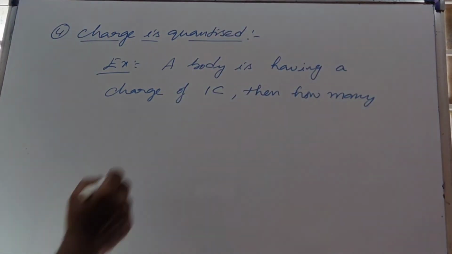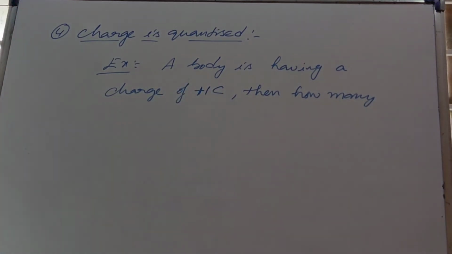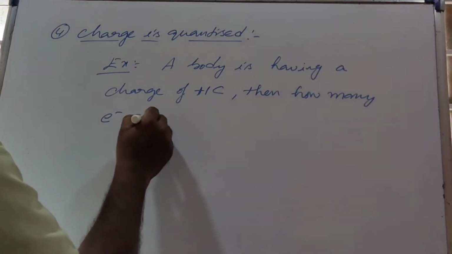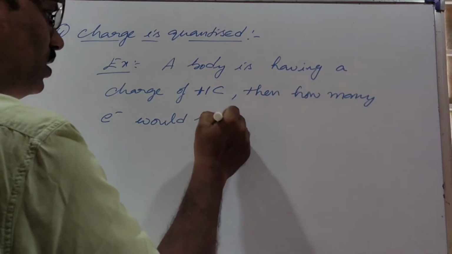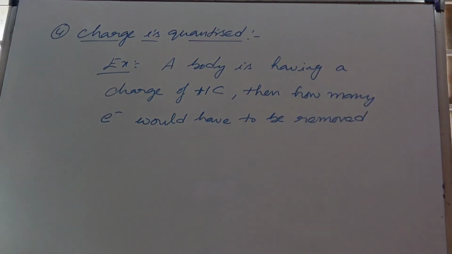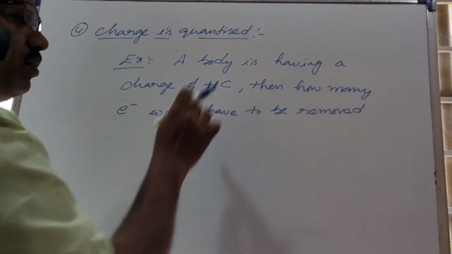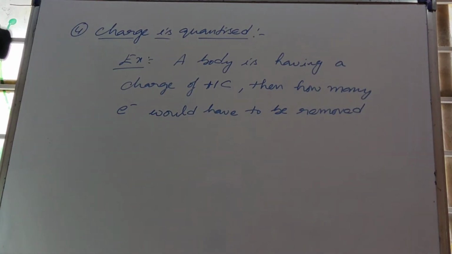Let the charge be positive charge. Then how many electrons would have to be removed to get this plus 1 unit of positive charge, 1 coulomb of positive charge.